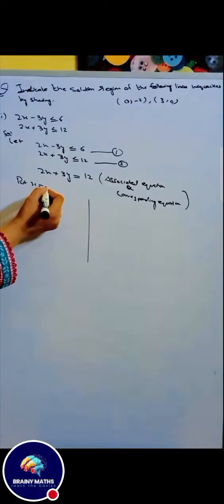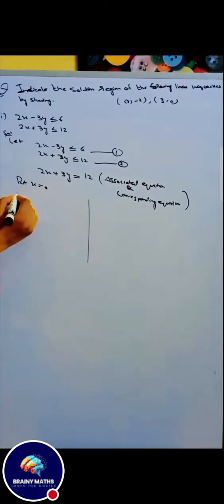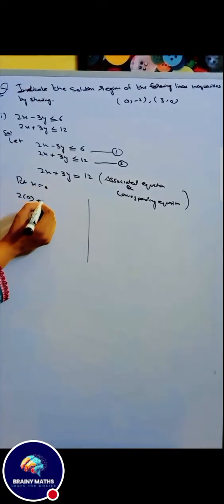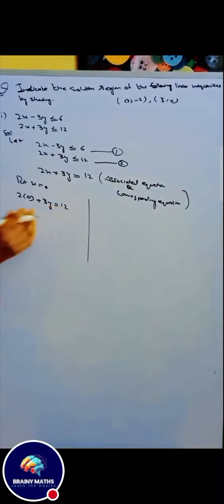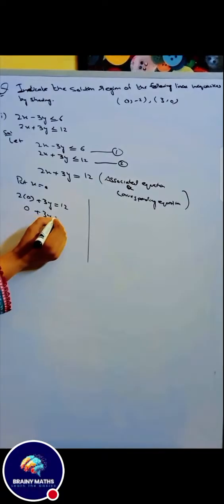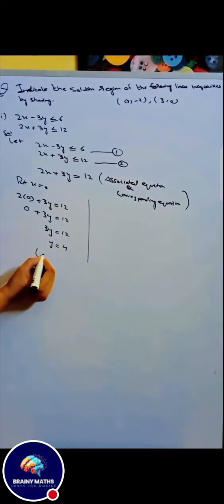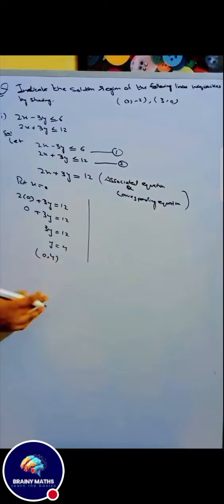Now put x equal to 0 to get the y-intercept. 2 times 0 plus 3y equals 12 in this equation. It becomes 0 plus 3y equals 12. 3y equals 12. y is equal to 4. I hope it's clear, 12 divided by 3 is 4. So what ordered pair do we get? x is 0, y is 4.